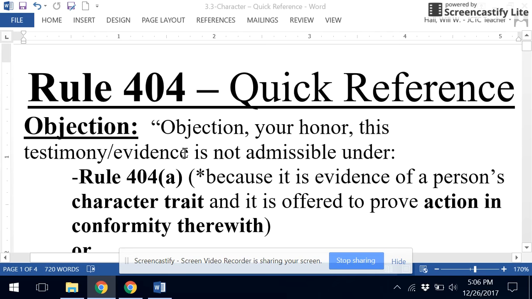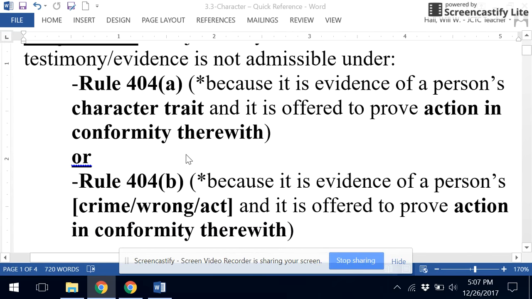Now, we will learn some exceptions to that because there are exceptions if you're trying to impeach someone's trustworthiness, but we're not there yet. We're just understanding that under 404A and under 404B, you can't use past things to prove action in conformity therewith.